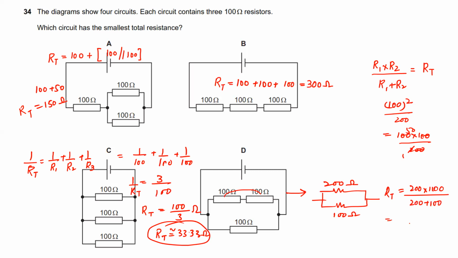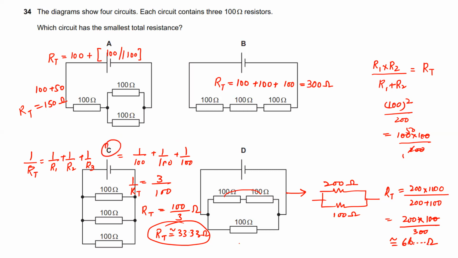So this is 200 multiplied by 100 divided by 300, so 200 divided by 3. So this is approximately 66.67 ohms. So which is the smallest total?